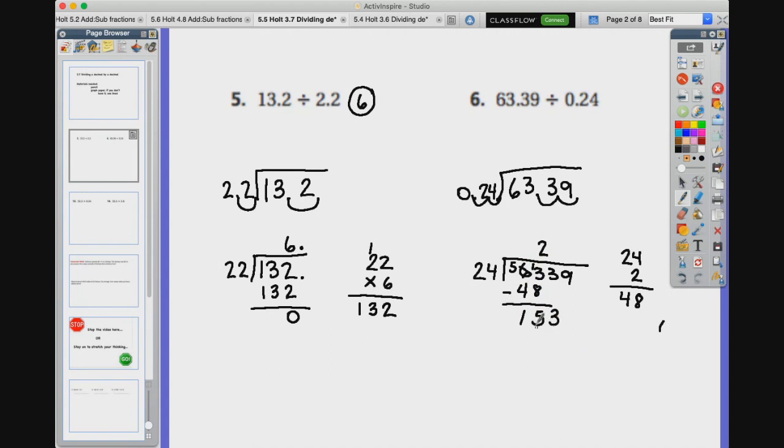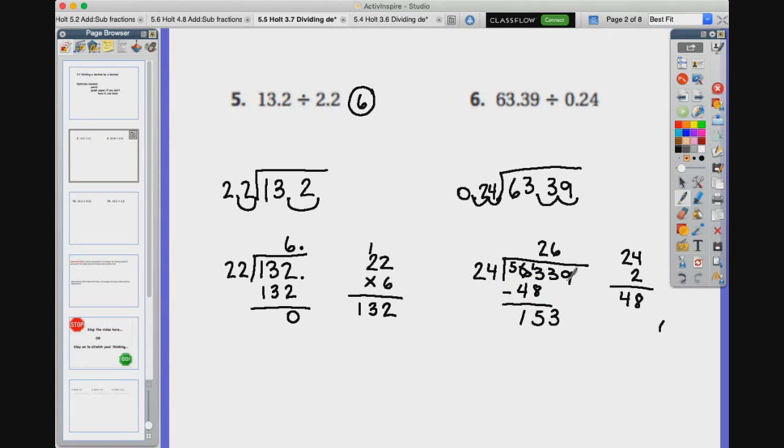Now, how many times does 24 go into 153? Let's use some math sense here. We know that 24 is pretty close to 25. 153 is close to 150. So 25 goes into 153, let's see, 6 times.